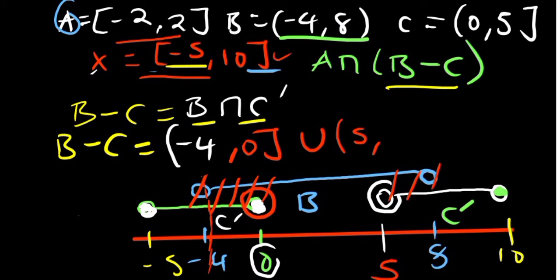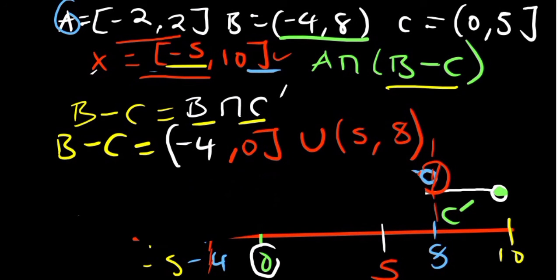Up to what? This point, 8. Is that point shaded? It's not. So that is our B minus C. Do we all agree? If we understood? Yes. Okay. So we found what is in the brackets.